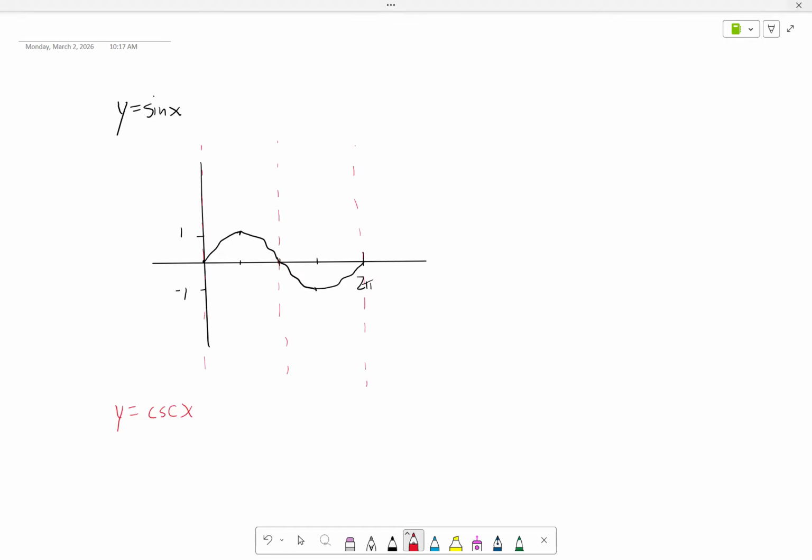You do the rest, just in that 0 to 2 pi. Check with the neighbors, see what's going on with them.